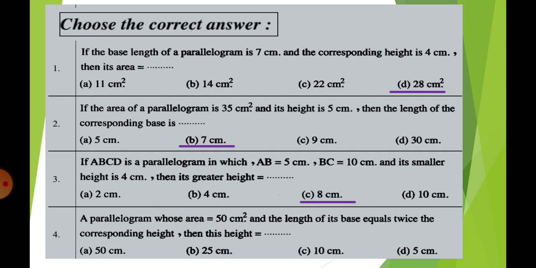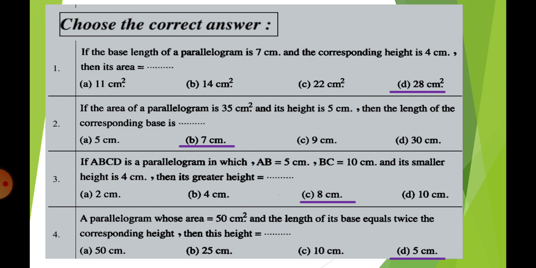Then we can write 2x squared equals 50. Then x squared equals 25. Then x equals 5 centimeters. Then the height equals 5 centimeters and the base equals 10 centimeters.